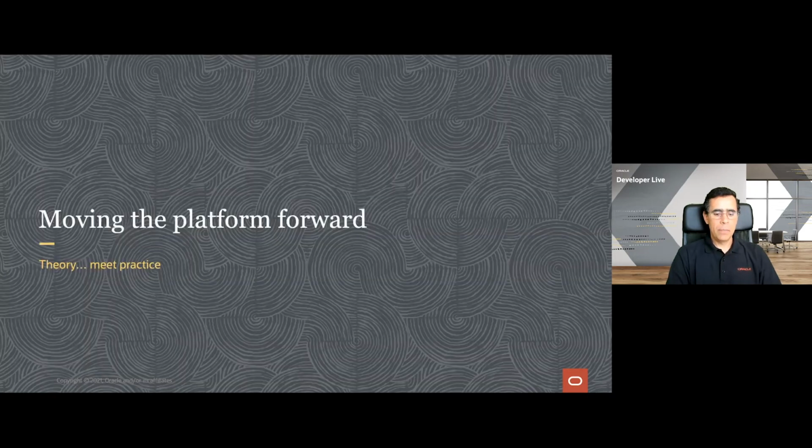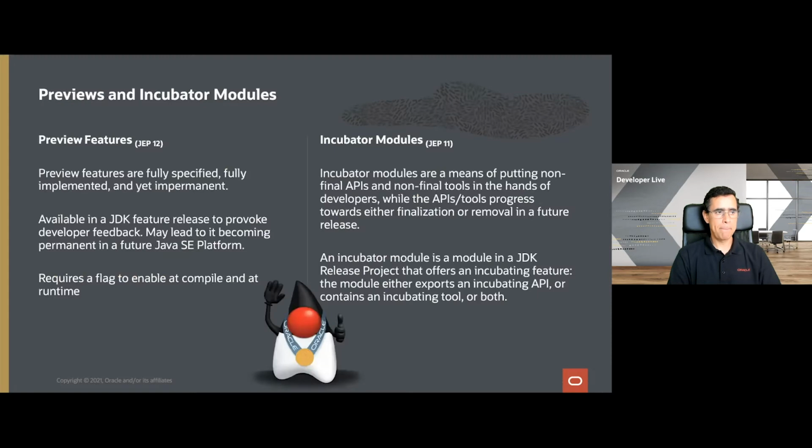Another category is the preview and incubator features. The shorter period of 6 months allows us the opportunity to preview features before baking them into the standard. JDK 16 will let you try out and provide feedback on 4 such features. The thing to understand is preview and incubators serve a similar function.